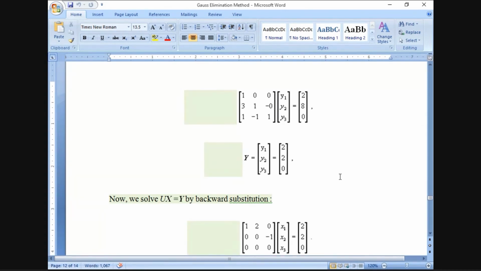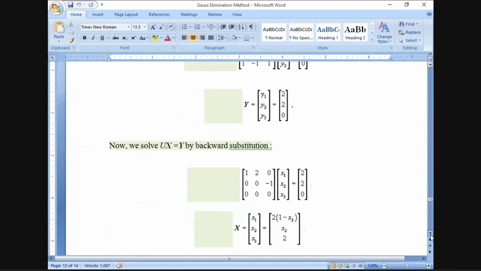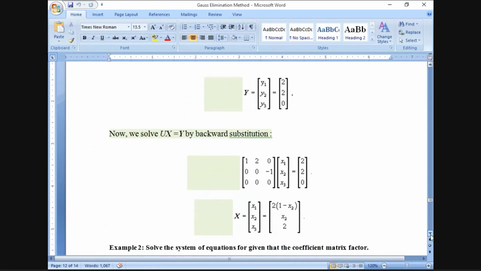So you are not able to perform the back substitution, and due to that you don't get any value for x1 and x2. And for x3, we got a value equal to 2.